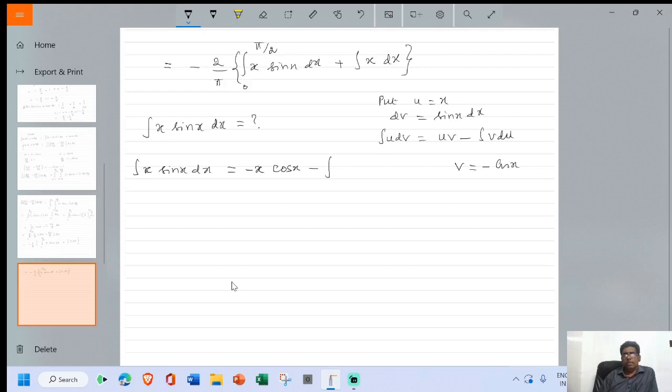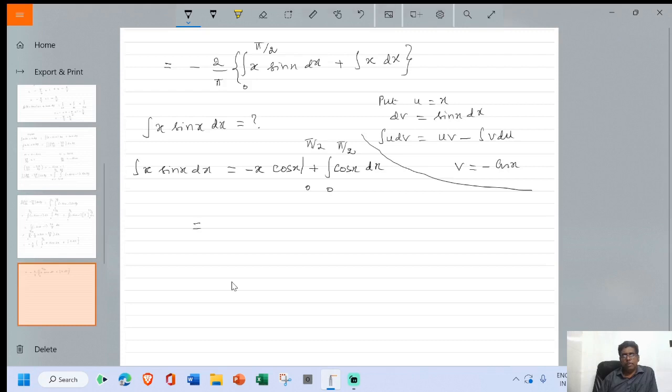Instead of v, we put minus cos x. So minus to minus plus, cos x into du. u equals x, du equals dx. Say this is the value. Now we have to apply the limits. Lower limit is 0, upper limit is pi by 2. Here also 0 to pi by 2.